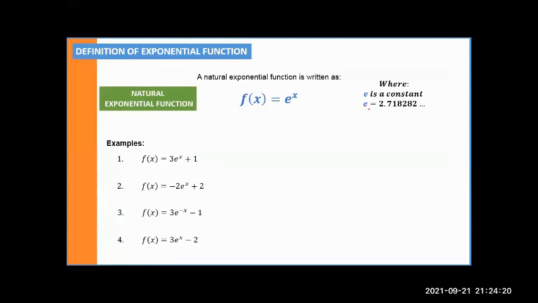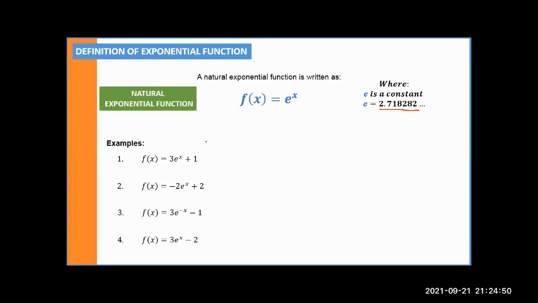So, ang equivalent ng E sa mathematics is 2.7182 and so on and so forth. So, marami siyang decimal digit. So, pwede na lang natin siya i-round off sa 6 decimal place or 4 decimal place. Okay? So, wala na tayong restriction para sa B kasi meron siyang eksaktong value or equivalent, which is letter E.